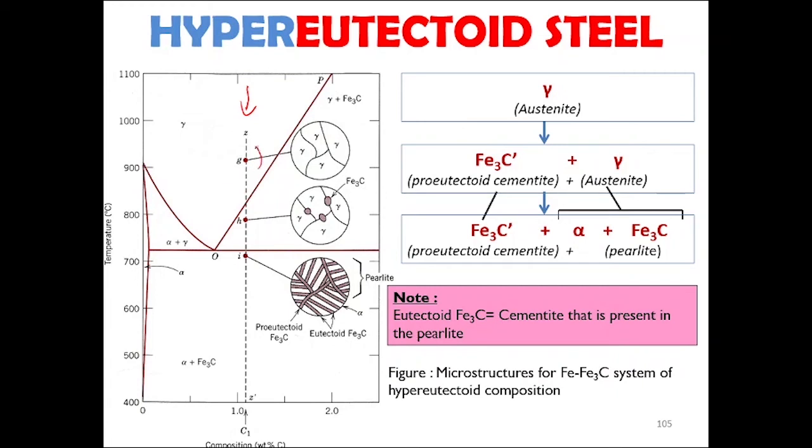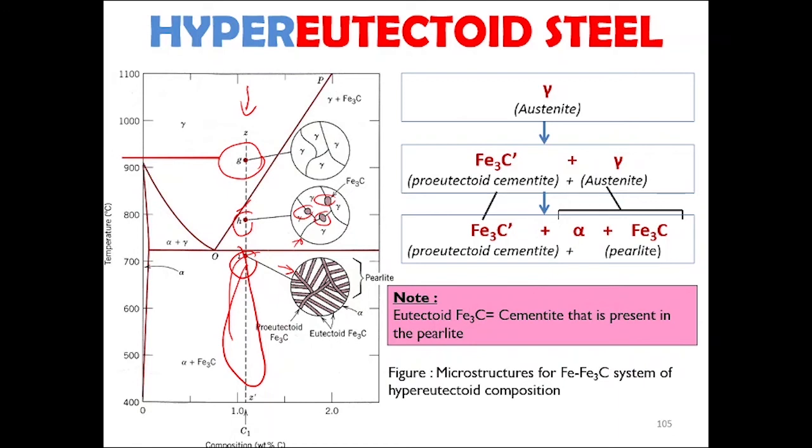It starts as austenite, and then below this line, the proeutectoid cementite will start to form in the grain boundaries of the austenite. After we cool it down below 727 degrees Celsius, we will get the proeutectoid cementite forming grain boundaries which are slightly larger than the original grain boundaries.